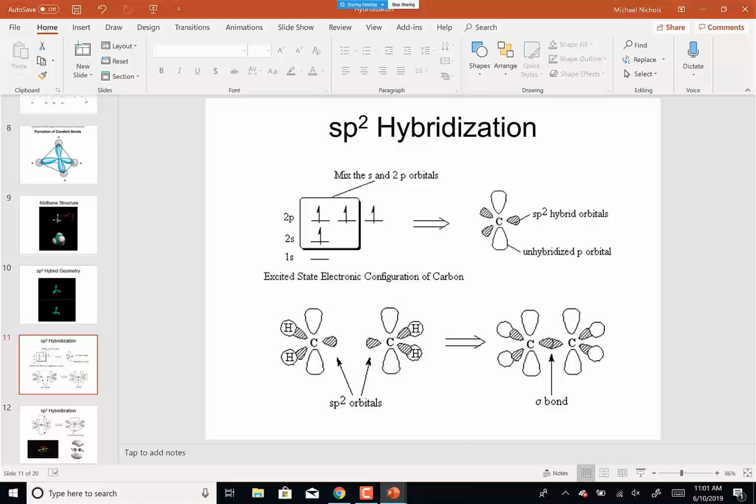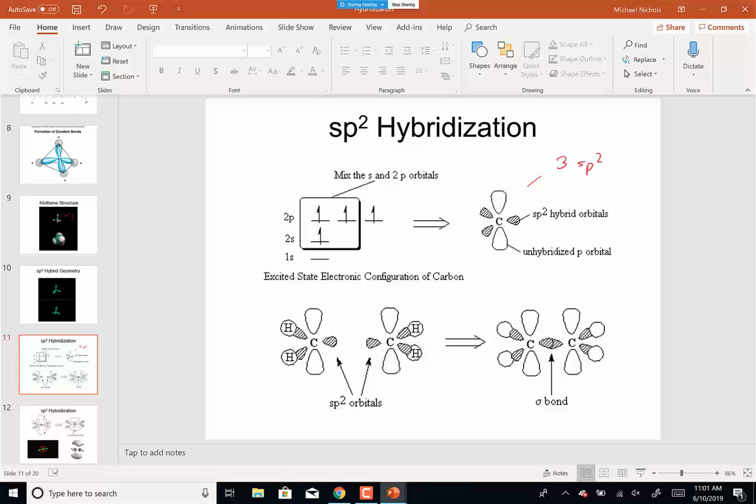So then what do we do? We can say, I don't want to mix all three p orbitals. How about I just mix two? So again, I'm starting with this excited state. I mix two of the three p orbitals together. So now I make three sp2 hybrid orbitals.